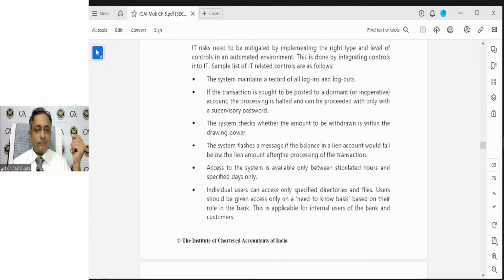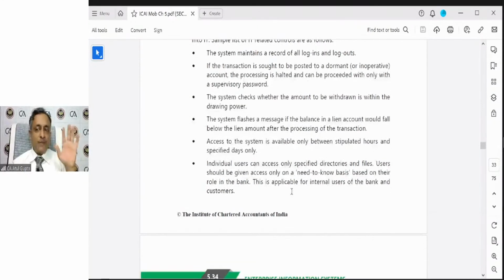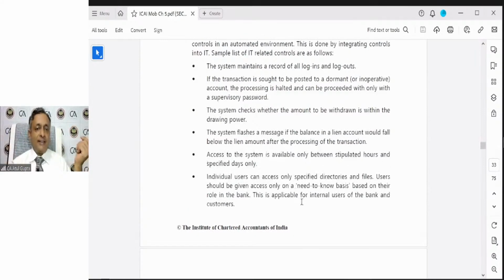So lien you have read, in the Contract Act also, with bailor and bailee, in bank audit also, bank accounting also. If there is a lien on an account, any processing on that account is only done after proper validation.